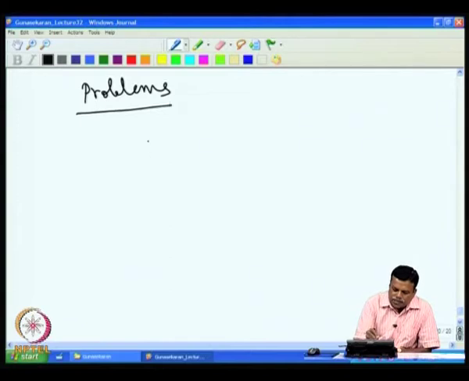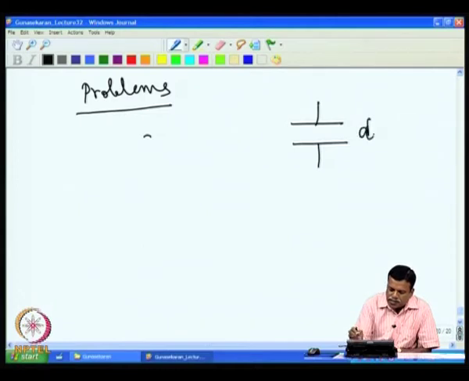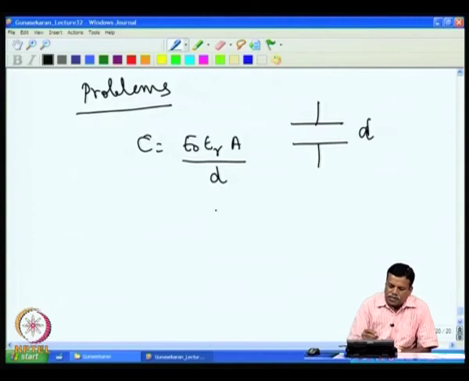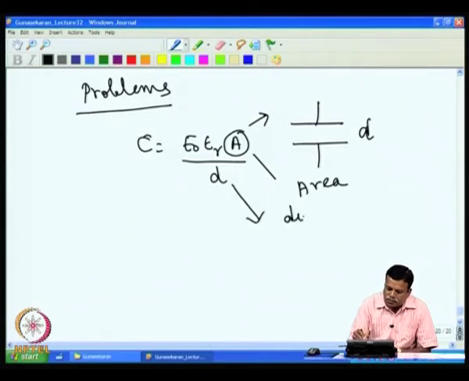Now, basically capacitance is given by two plates separated by a dielectric, which we already discussed, and the distance is d, and then C is given by epsilon naught epsilon r A by d, where A is the area of the plate and d is the distance between the two plates. So, one can use this capacitive sensor for area variation, because if A varies, then the capacitance also changes.